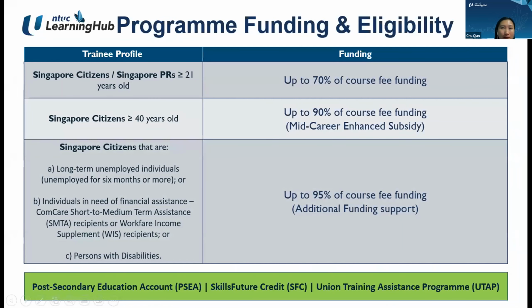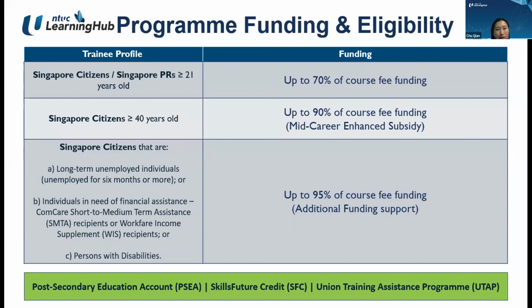So on to the program funding and eligibility, right? So now you're interested in this course. Now you want to know, what funding is applicable for me. So if you're a Singapore citizen or PR aged 21 years old and above, you already have 70% of course fee subsidies. All right. If you are 40 years old and above, you can get 90% of course fee funding.